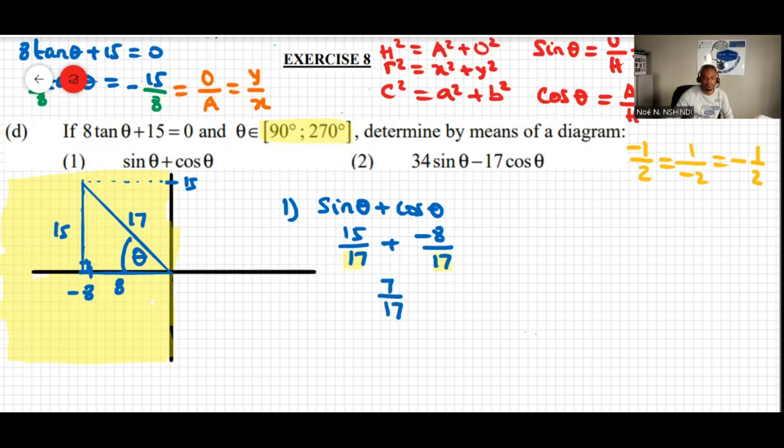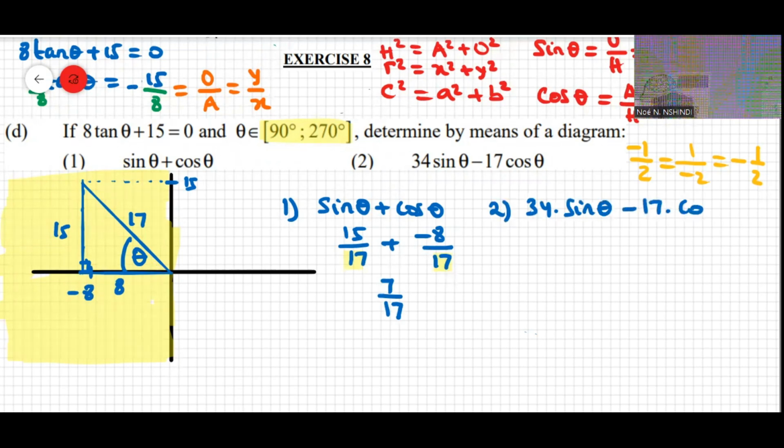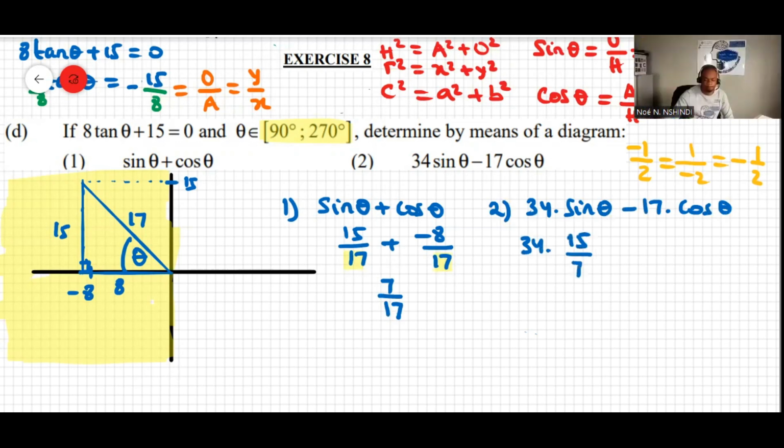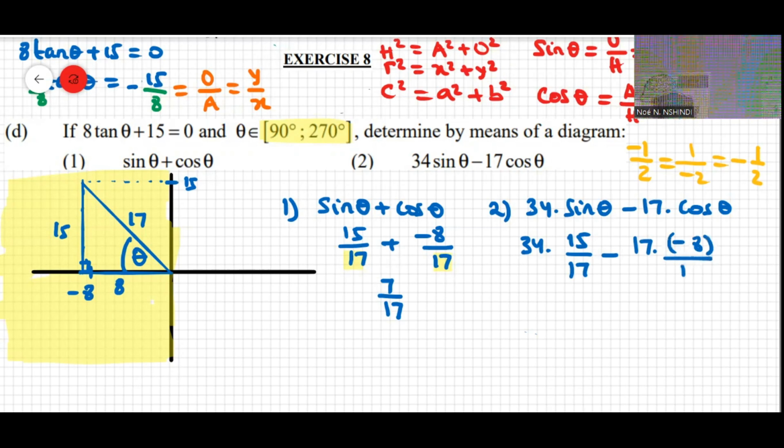That's the answer. Now question 2, when it says 34 sine theta minus 17 cos theta, we can substitute. That makes 34 times 15 over 17, minus 17 times cos theta, which is negative 8 over 17.